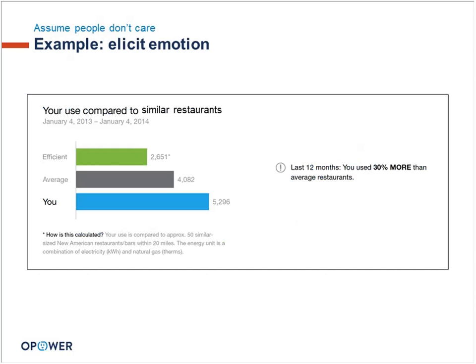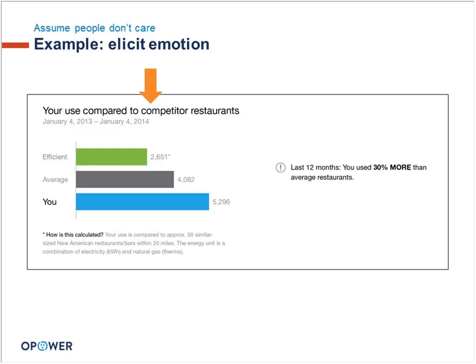Another example of how we can design for people who are not typically engaged is to elicit emotion. This is an example from one of our communications to small and medium businesses where we're trying to educate them about their energy use in the effort to get them to save. You can see that we are comparing business owners, and in this case it's the owner of a restaurant, and we're comparing this owner to similar restaurants in the area.